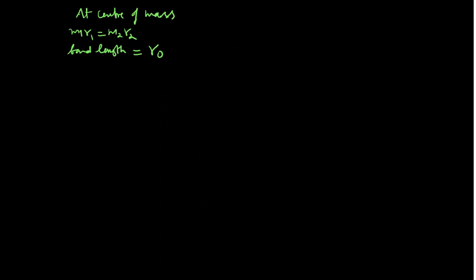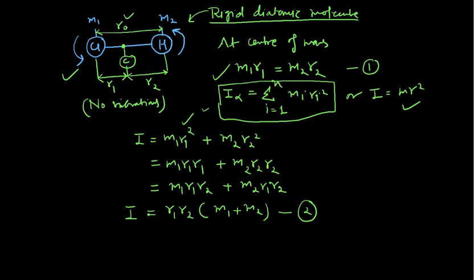So in that case, what can happen? We can calculate the value of R1. How can we calculate it? R1 can be calculated as follows. M1 R1 is given here, and you can write M2 into R0 minus R1. So in place of R2 you can write this value. How? Go to the previous slide.